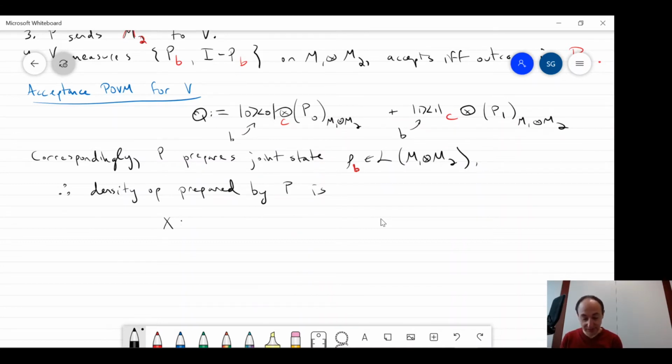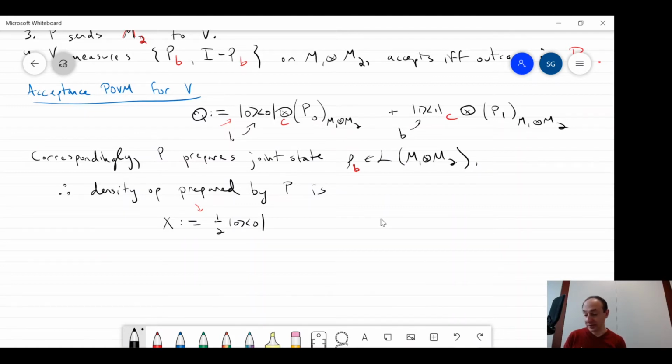It's going to be called X throughout. And what is this really? Well, with probability half, I receive 0. That's, by the way, where the probability half went. Instead of writing it there, I've written it here because I want this to be a density operator, whereas Q does not need to be a density operator. It's a POVM.